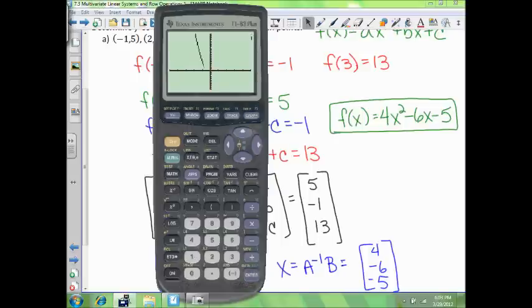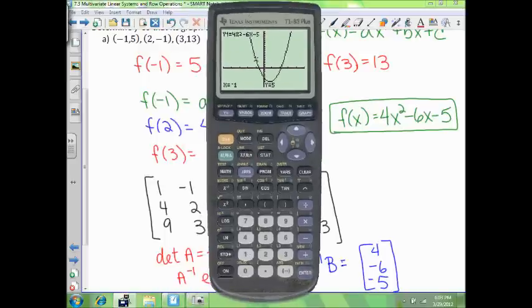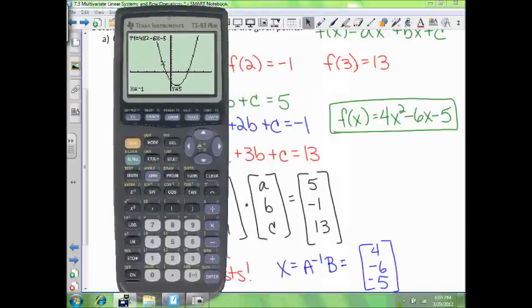When we graph it, we get a parabola that looks just like this. Now let's find some values. At x equals -1, the value there is 5. F of -1 is 5.